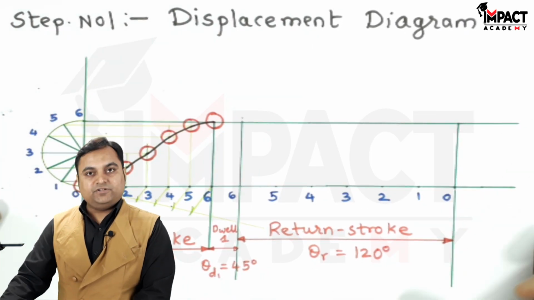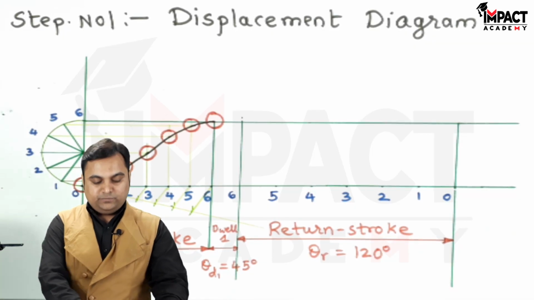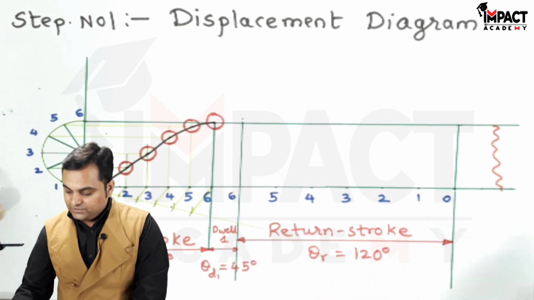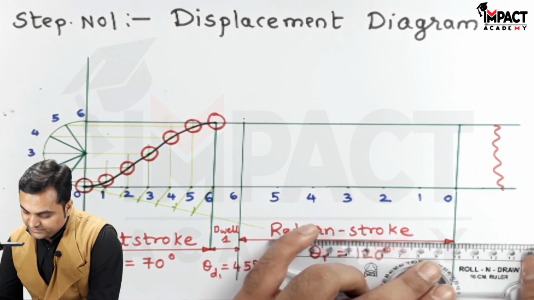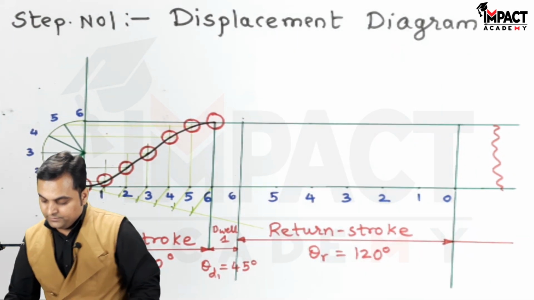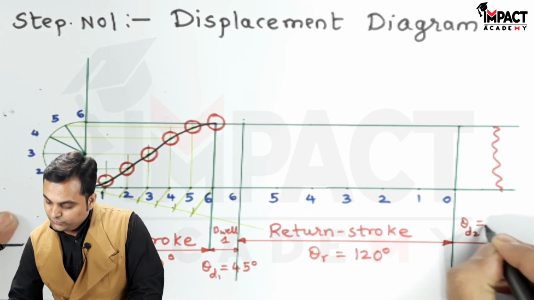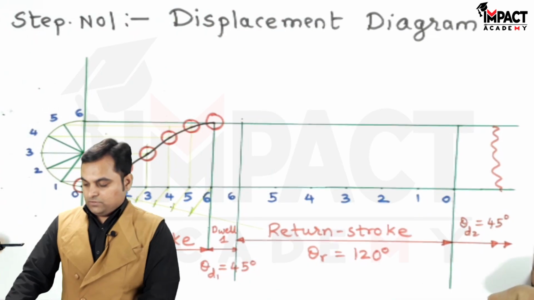After that there is another dwell of 45 degree that need not be shown completely, so I am just showing it with the help of a broken section which indicates the dwell for the remaining angle. So that is dwell 2 of 45 degree.